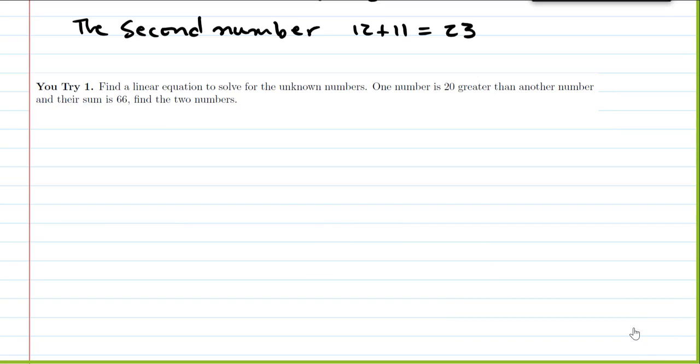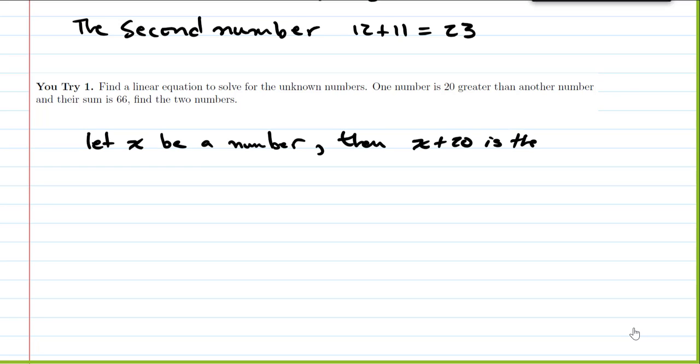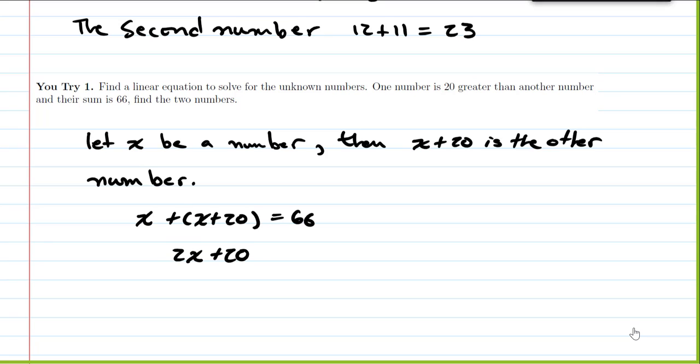All right, so to resolve this, we're going to do the same thing. So we're going to have our first number be x. Then x plus 20 is the other number. So then we would have the sum of those numbers, so x plus x plus 20 is equal to 66, so that gives us 2x plus 20 equals 66.